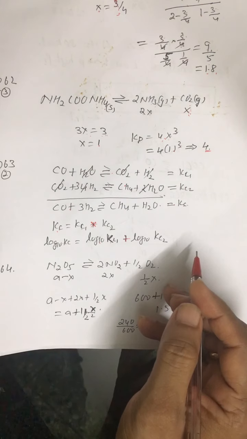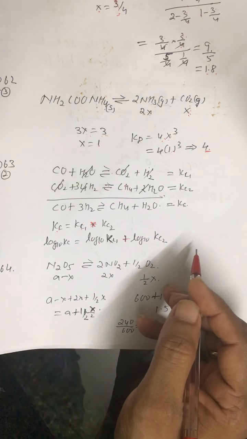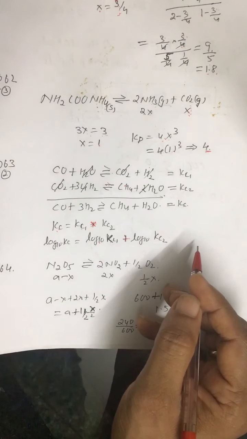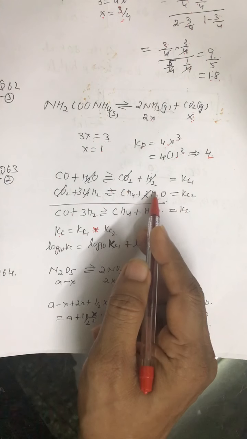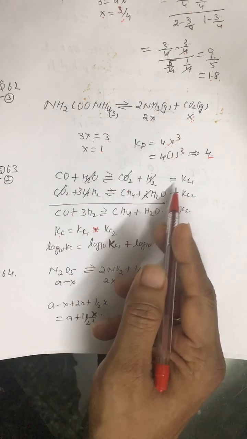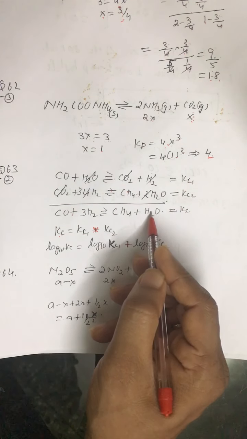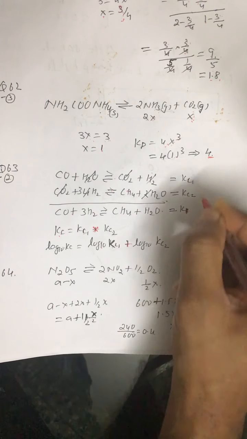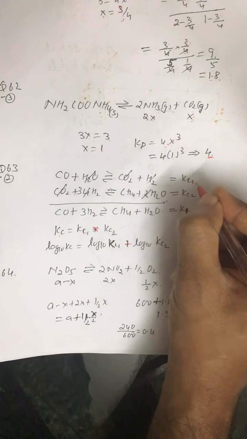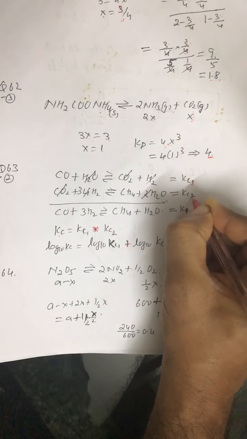Question number 64. I have made Kc1, Kc2. I have changed equilibrium constant values. They have mentioned this one as K1, and this is they mentioned K2, and this is K3.